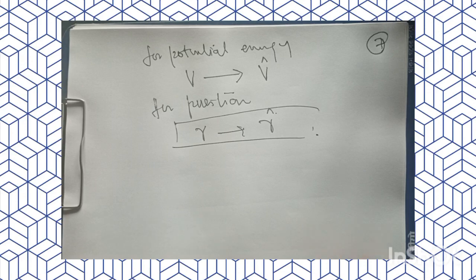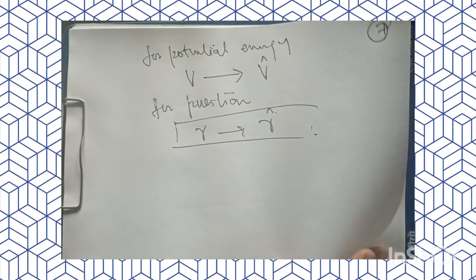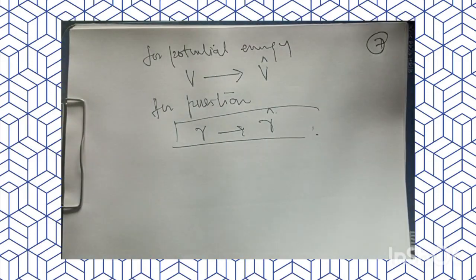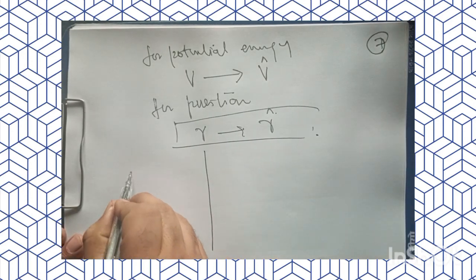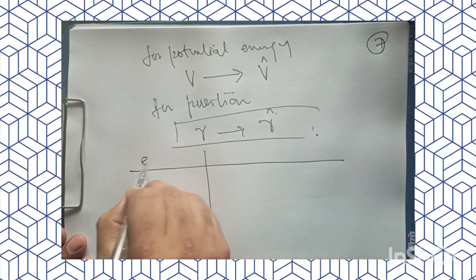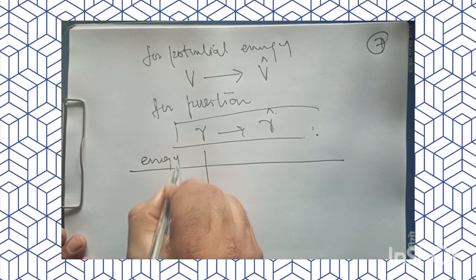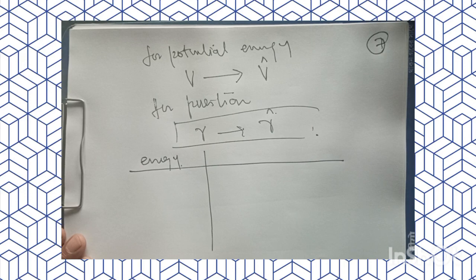So if I would like to have some summarization of these operators, I think there is no need of having any summarization, but still I can try a little bit. Say for example, if I talk about energy, in terms of energy, I have two operators.